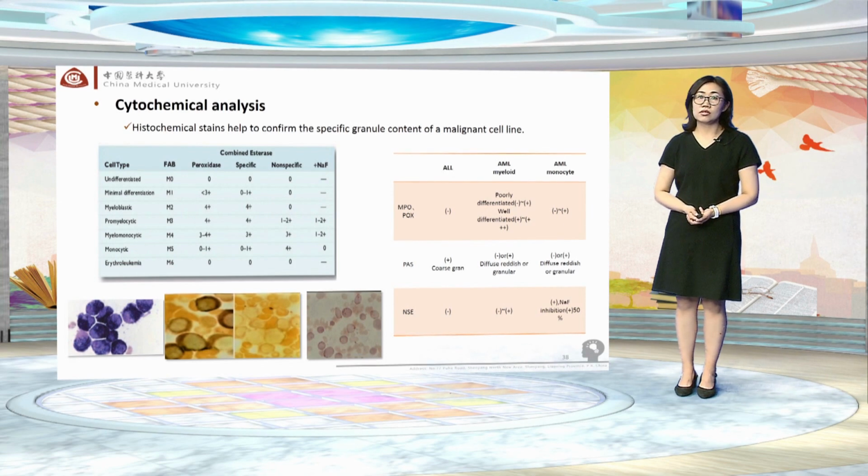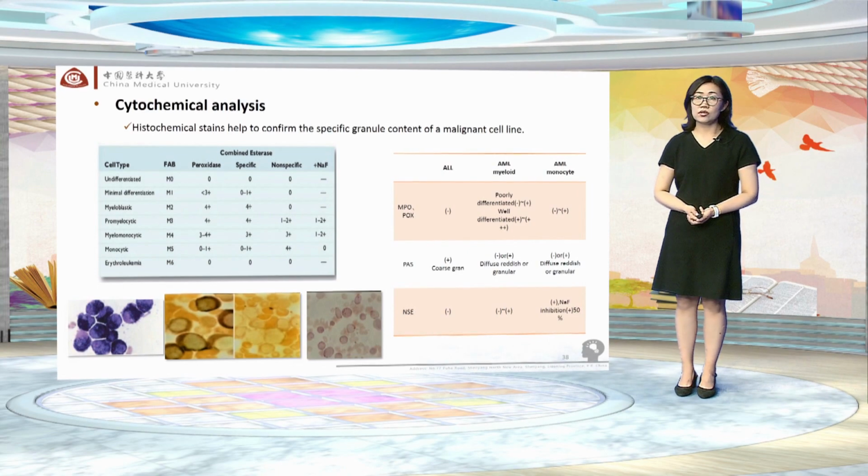Peroxidase stain detects myeloperoxidase enzyme contained in the primary granules of myeloid cells. In the presence of hydrogen peroxide, myeloperoxidase releases free oxygen that can be detected with benzidine or 3-amino-9-ethyl-carbazole.